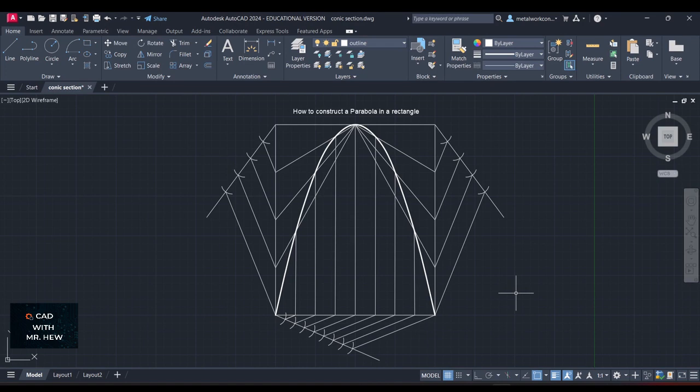So if we were using the traditional instruments, meaning pencils, set squares, and T-square, what you would do, you would use your pencil to draw from here to there to there, the intersection of these vertical lines to these diagonal lines.